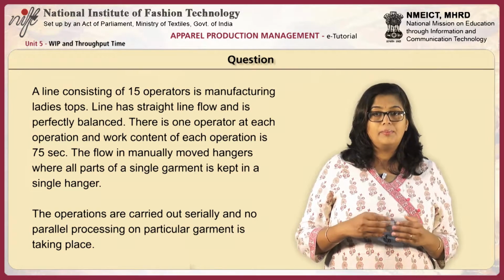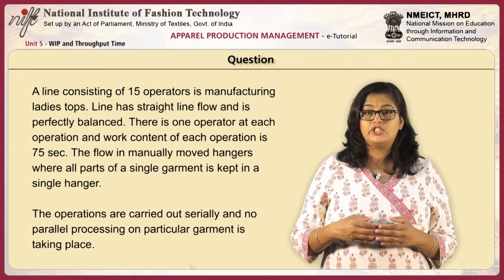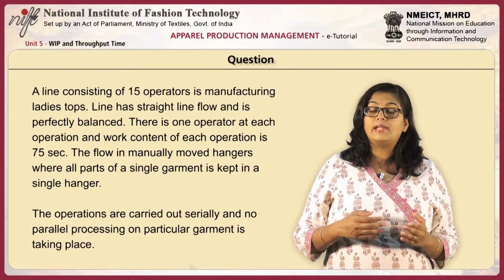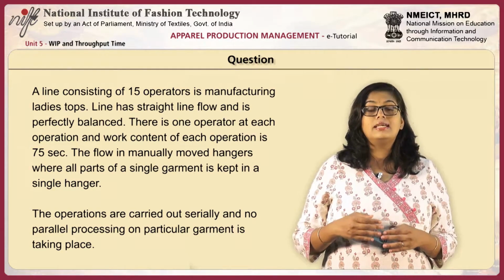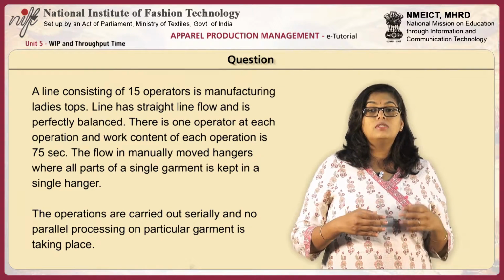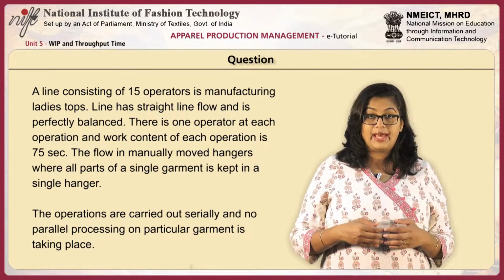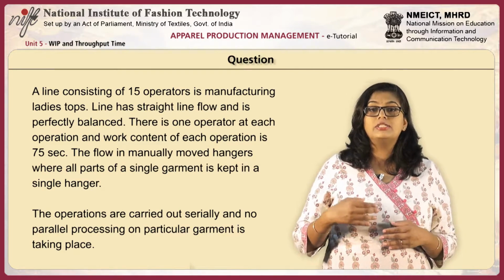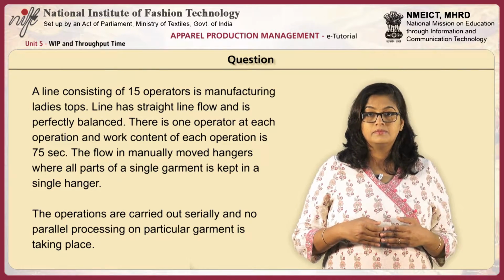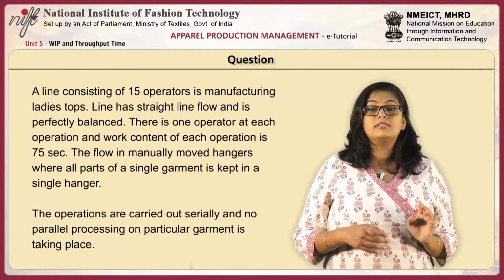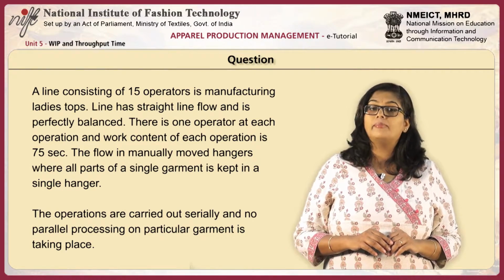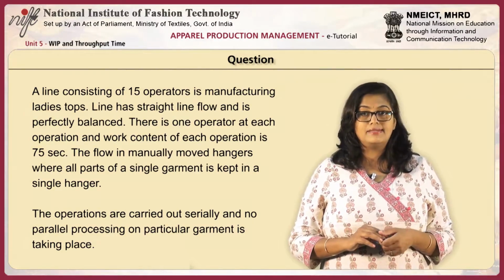There is one operator at each operation and work content of each operation, that is the SAM value, is 75 seconds. The flow is manually moved hangers where all parts of a single garment are kept in a single hanger. The operations are carried out serially and no parallel processing on a particular garment is taking place.